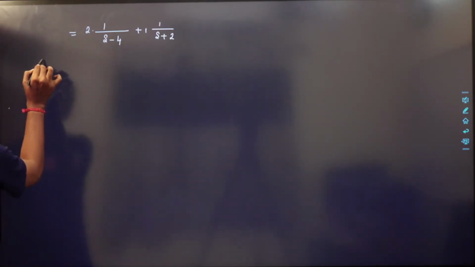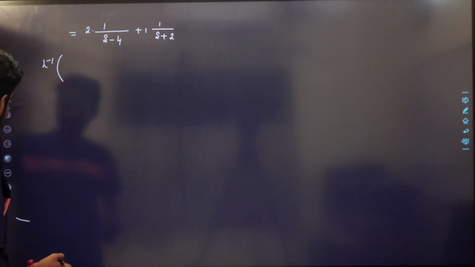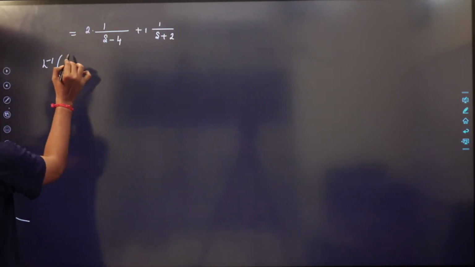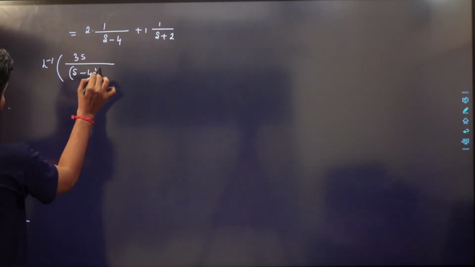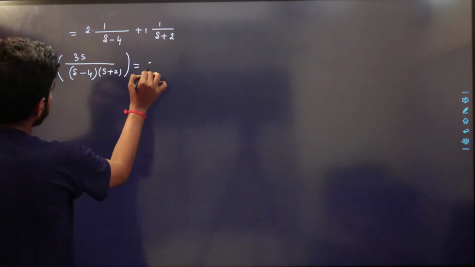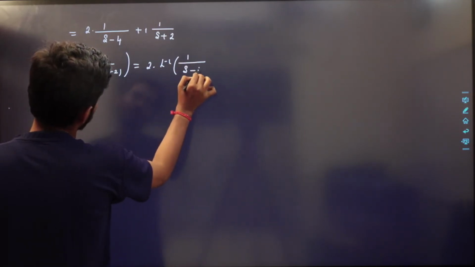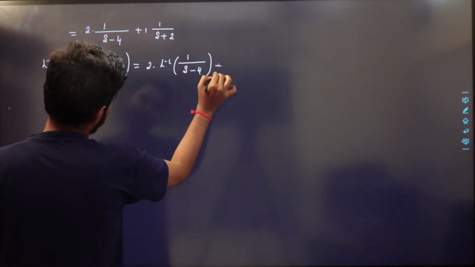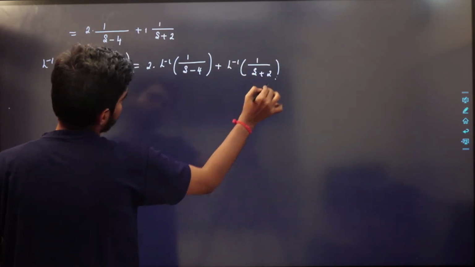Now apply inverse Laplace transform on both sides. So we will have L inverse of 3s divided by (s minus 4)(s plus 2). So this will be 2 times L inverse of 1 by s minus 4 plus L inverse of 1 by s plus 2, right?